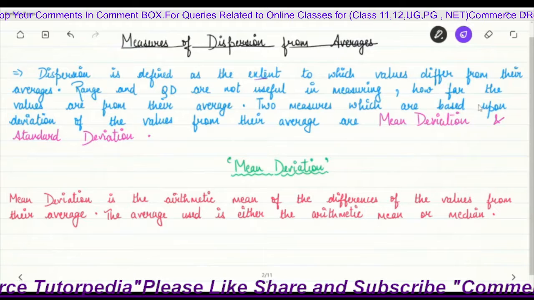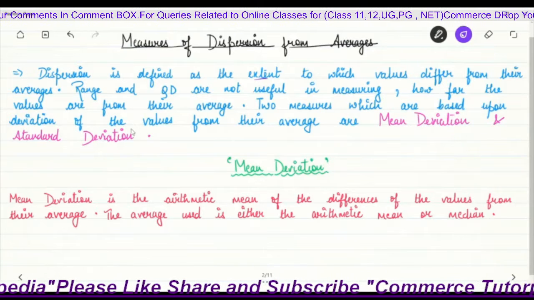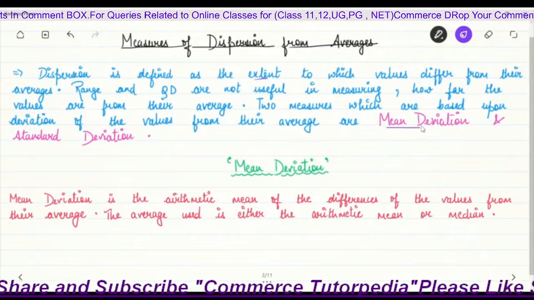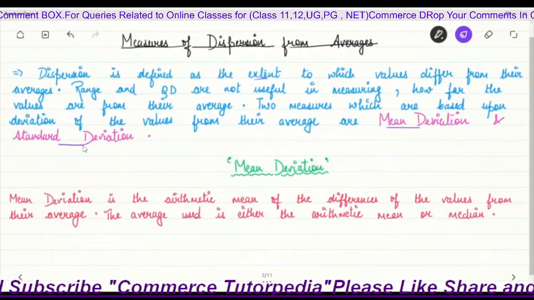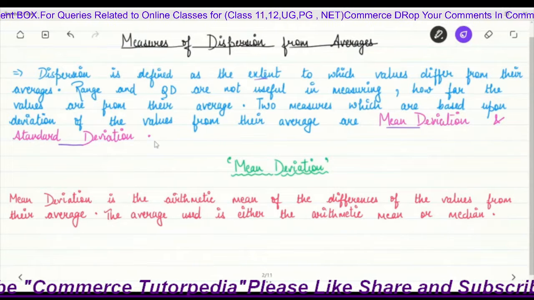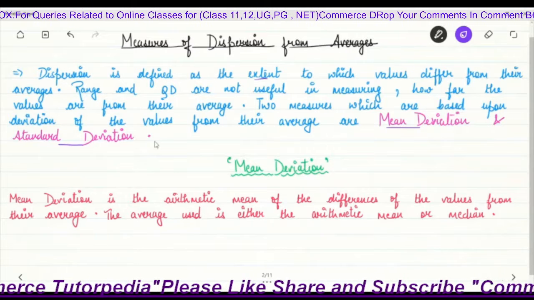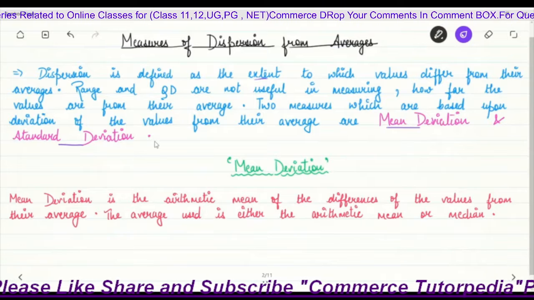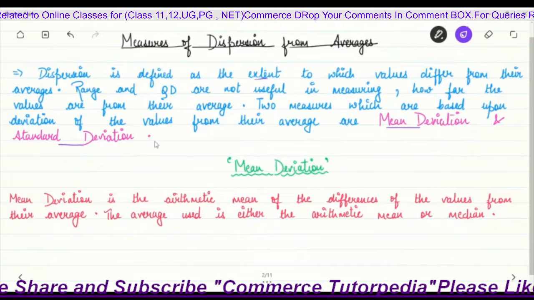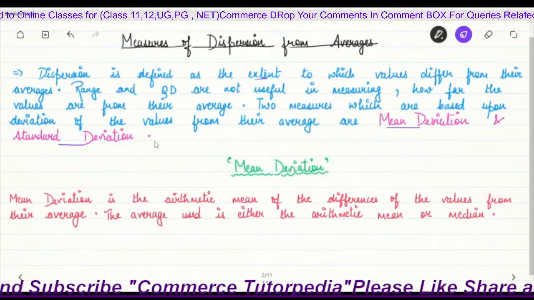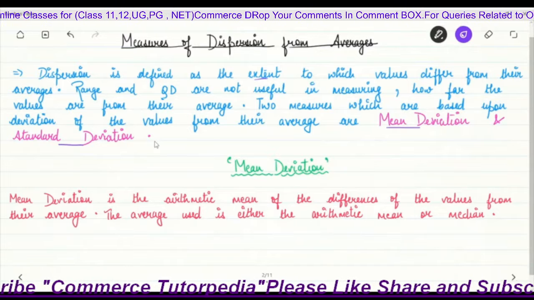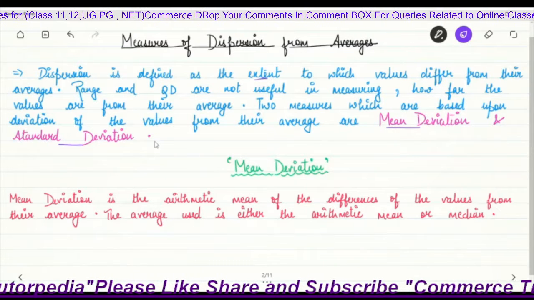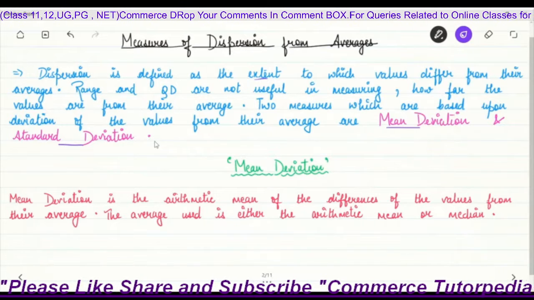Two measures which are based upon deviation of the values from their average are mean deviation and standard deviation. There were some shortcomings in the method of calculating dispersion under range and quartile deviation. Thus, to overcome those limitations, we use mean deviation and standard deviation. They both measure dispersion from the averages.